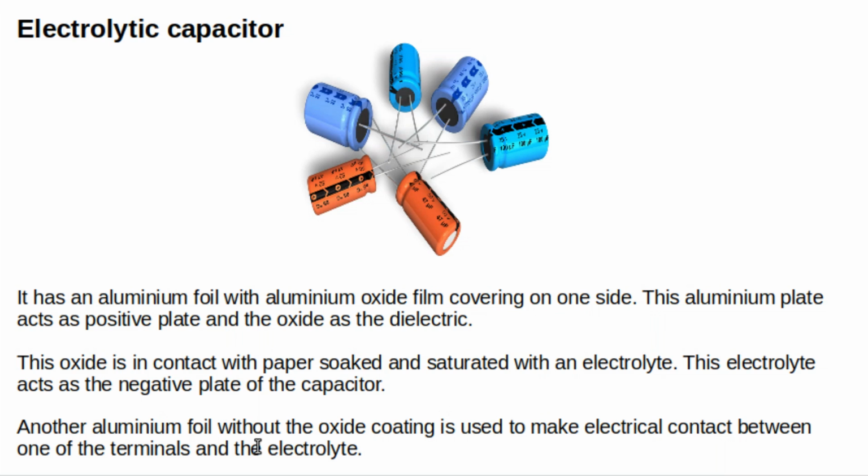Another aluminum foil without the oxide coating is used to make electrical contact between the paper soaked with electrolyte and one of the terminals of the capacitor.